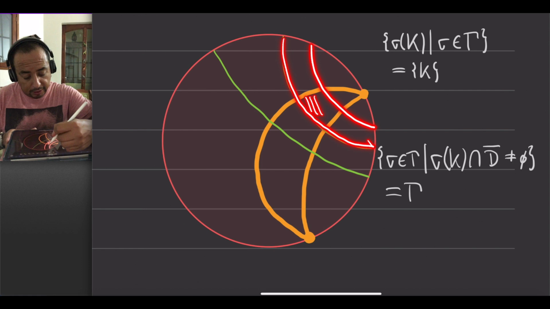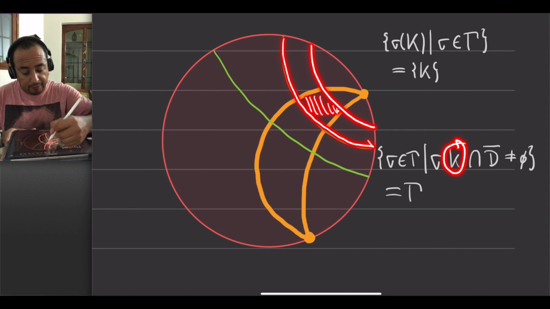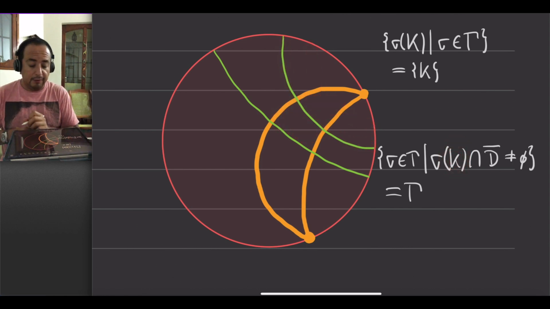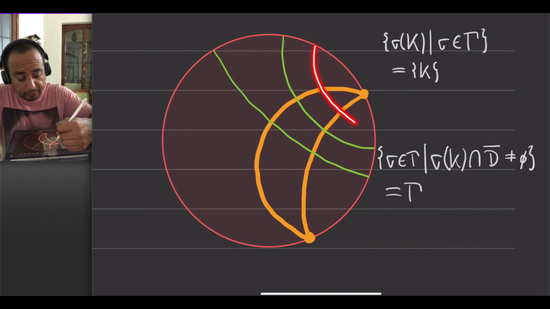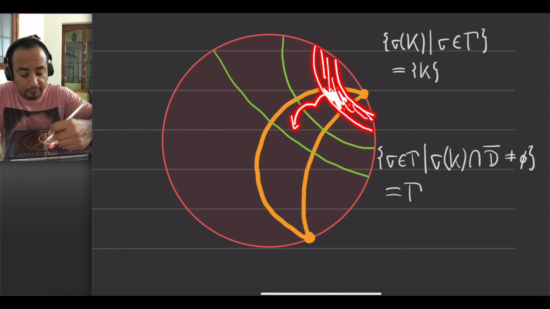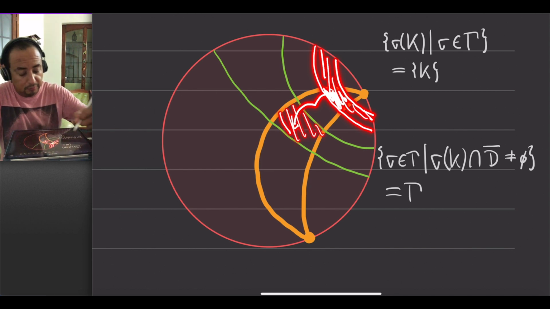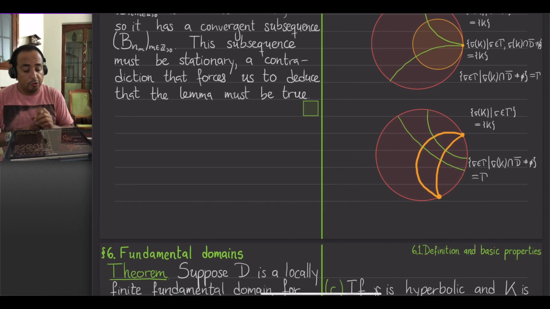You see, and then here is some part of K with the property that when I apply the inverse, I land in D, right? So see, my inverse is there, and so on, right? So let's say that I want to show that the square of the inverse of the generator is there. So take the image now here, right? And here you have some part of K with the property that when you apply this one, then this one, so the square of the inverse of the generator, you land in D, right? So okay, and so on, right? So that's how you show that this is the whole of gamma.